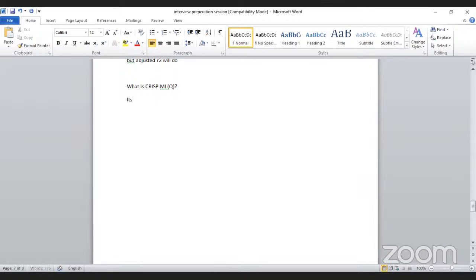It is a cross industry standard process for machine learning applications, with quality assurance, right?